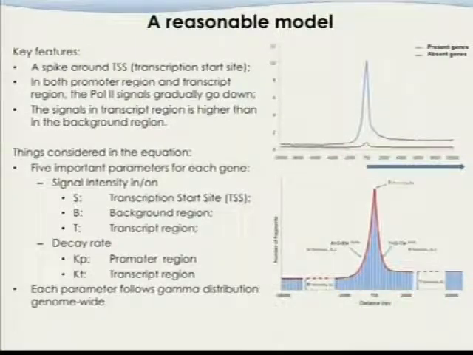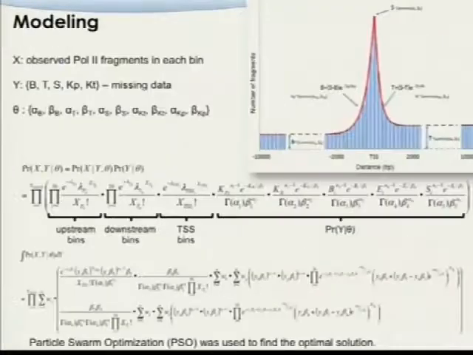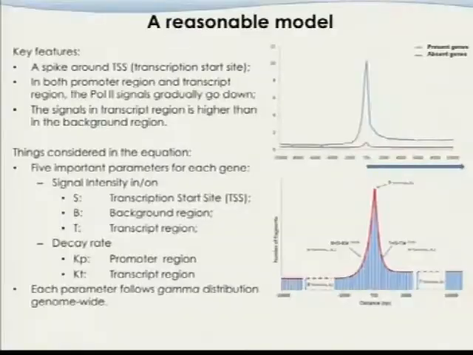So let me see whether we have this in the next slide. All right, let's go back. We'll spend the rest of the class to talk about the equations, but let's first look at this. Basically, we just use several parameters to model this shape.